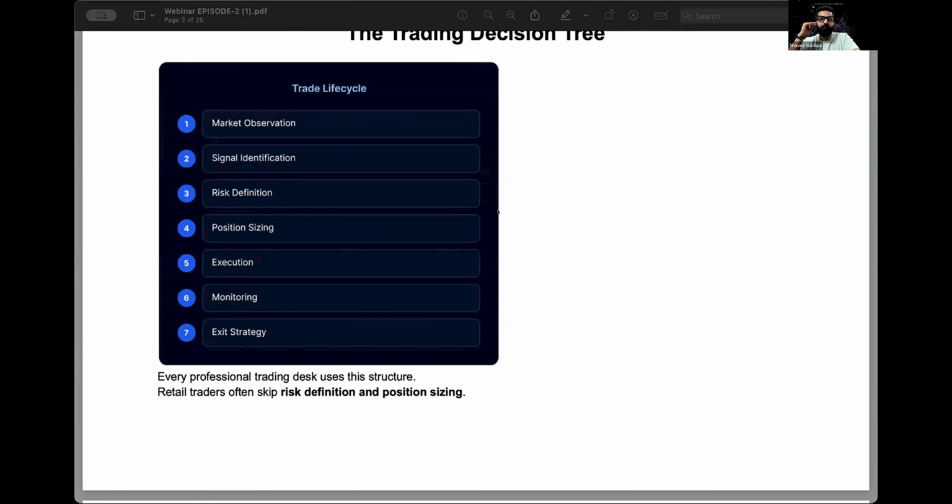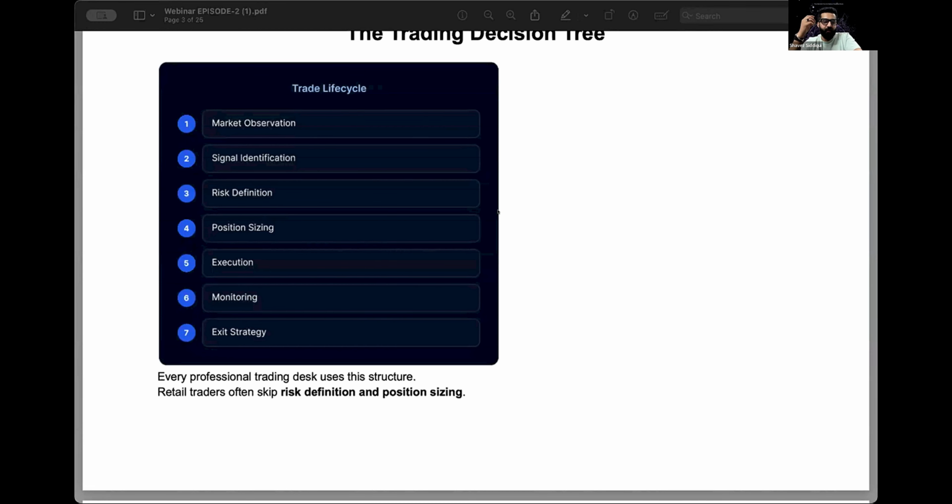And these are, I would say, the hidden decision tree behind every trade, when it comes to professional trading. After position sizing, there is execution, and post execution, there is post trade analysis, and after that, monitoring of the trade.